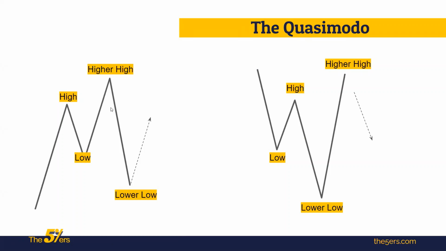However, it has a right shoulder which is lower than the left shoulder, which creates an awkward type of pattern. It's unsymmetrical, and this is why we call it the Quasimodo. But this is the perfect confirmation. And next, we're going to look at the charts, and we will show you.